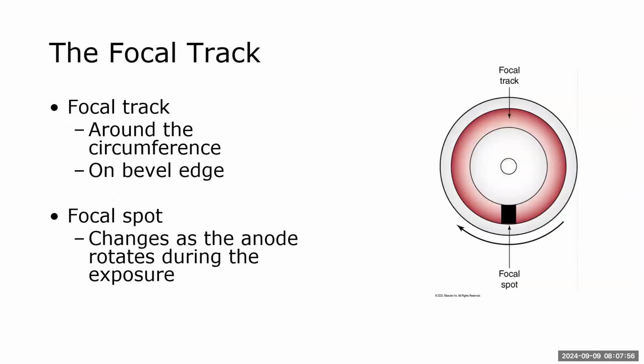The focal, so this would be looking at the disc on end. So if I was holding it up and we were looking at it straight on, you could see the focal track, which is around the circumference of the disc, and it has a beveled edge, which means it has like a slight angle around the edge. And again, let's see if you can see that.